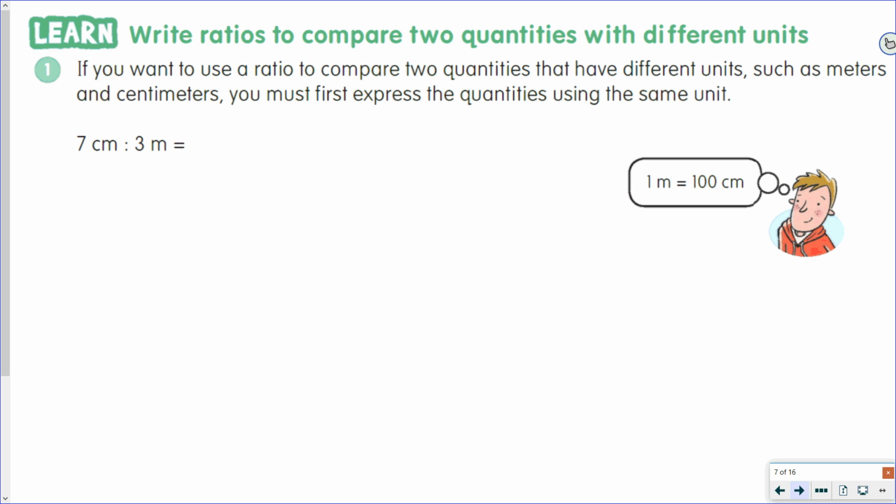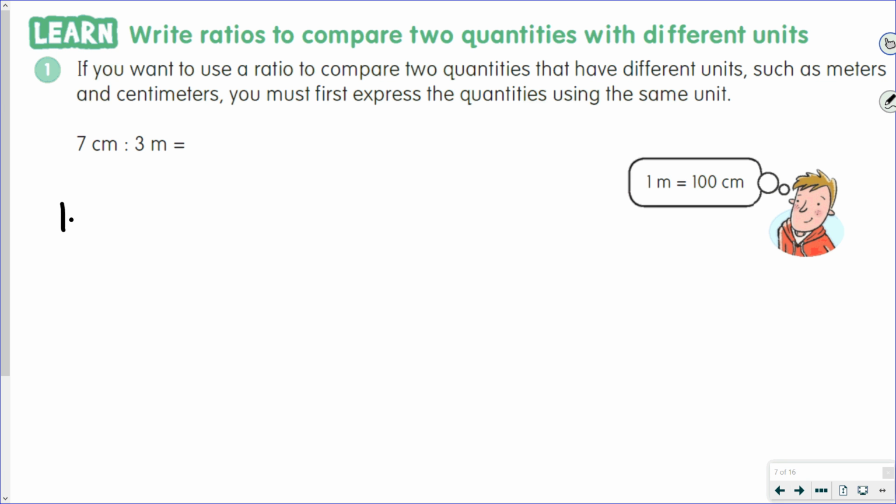If you want to use a ratio to compare two quantities with different units, such as meters and centimeters, you must first express the quantities using the same unit. So if we have 7 centimeters compared to 3 meters, it's first important to get those into the same unit of measurement. And you can see our young man over here tells us that 1 meter is equal to 100 centimeters.